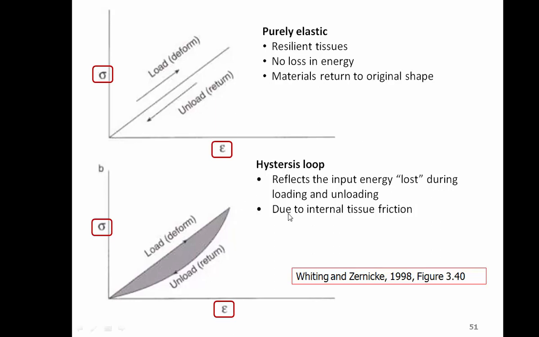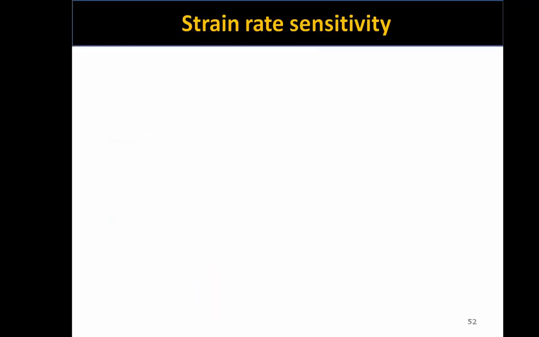Internal tissue friction, because it is a fluid environment, will transform some of that input mechanical energy to heat, and that will affect the rate at which the tissue returns back to its original length. The gray shaded area is a reflection of that energy lost during the loading and unloading of a particular material.